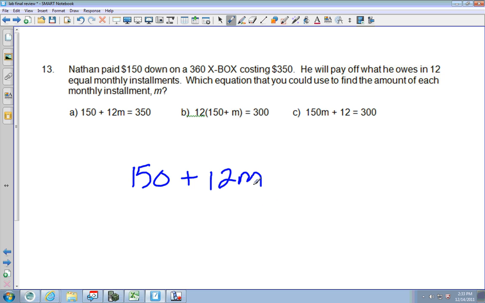Okay? And that's going to equal, what was the total cost of the Xbox? $350. So which one looks like this? The answer would be A. It can't be C because this is saying that you're paying $150 each month, or you're paying 150 payments of the same amount.